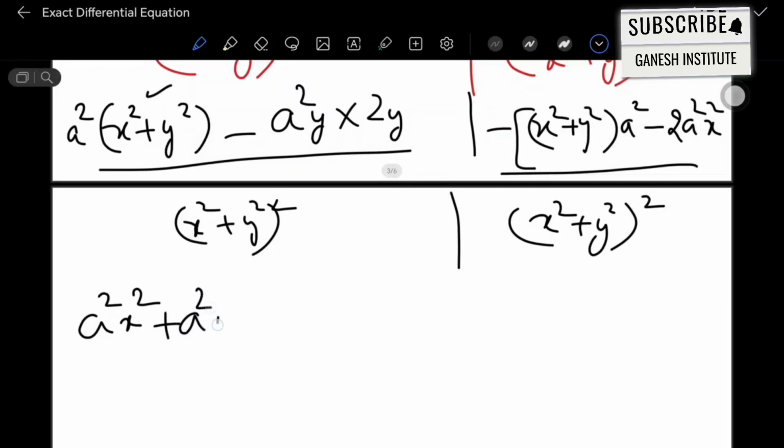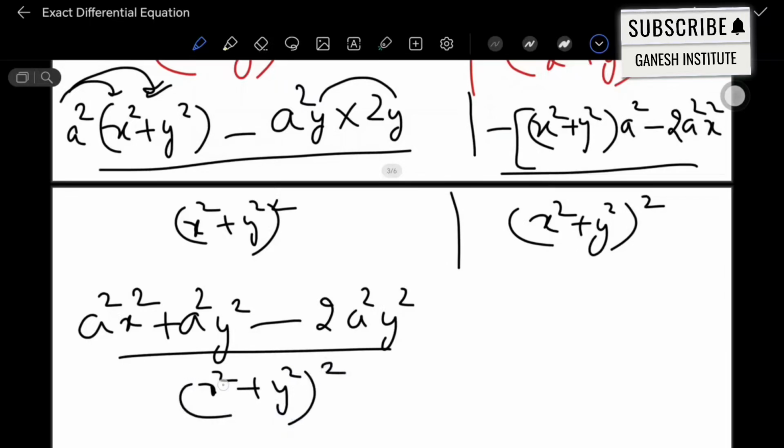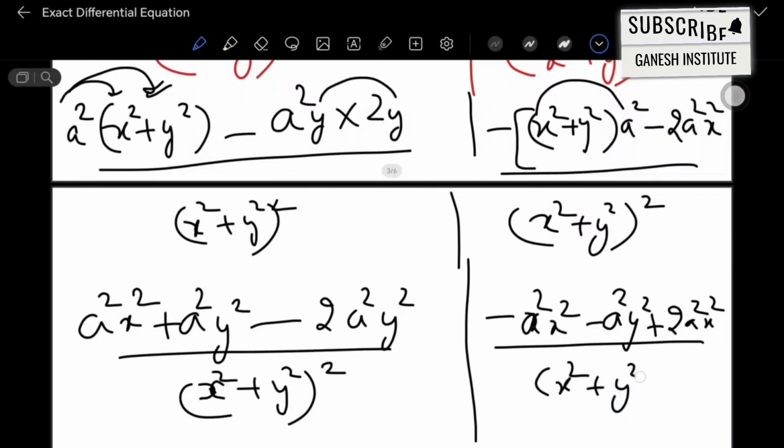Okay, let's solve it further. Distribute a square y square. So this multiplies with this, and this minus 2a square y square, right? Divided by (x square plus y square) whole square. Here we have minus a square x square. So this one minus a square y square, and then minus minus plus 2a square x square, divided by (x square plus y square) whole square.